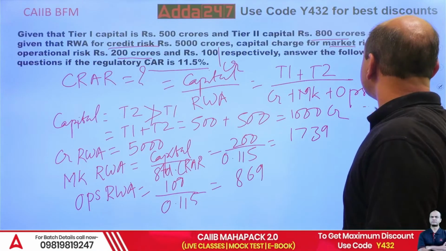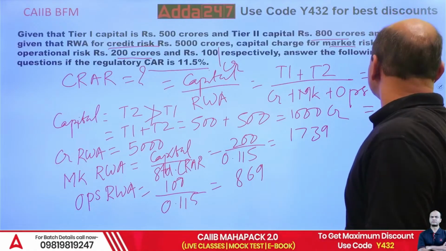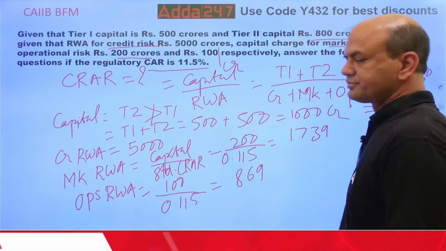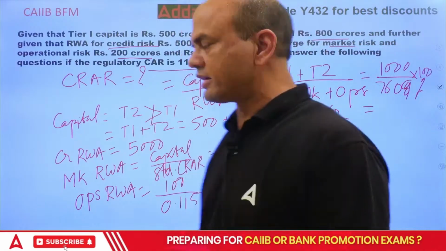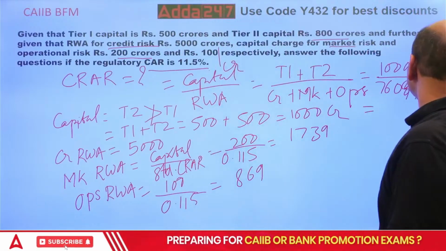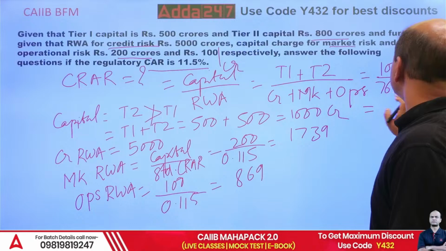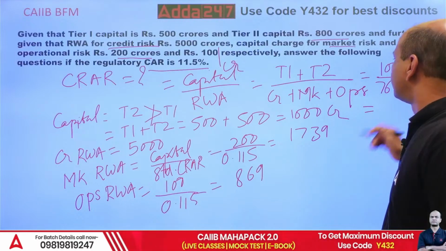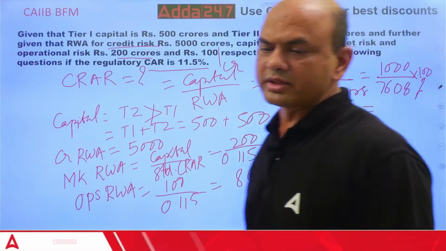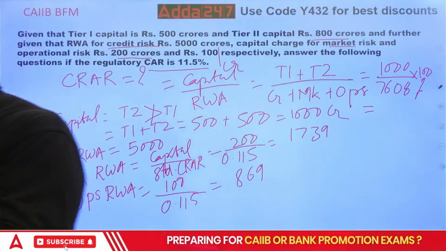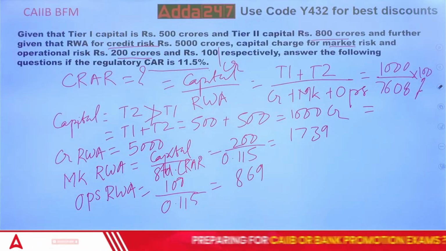Okay, so what is the answer? 7608, sorry, 8 it is. Get the answer: 1000 upon 7608. Get this answer, everyone.